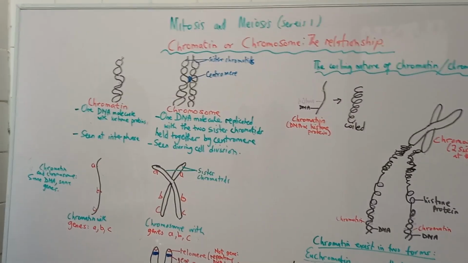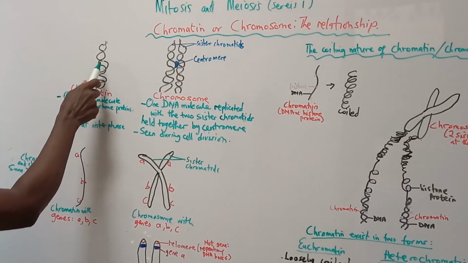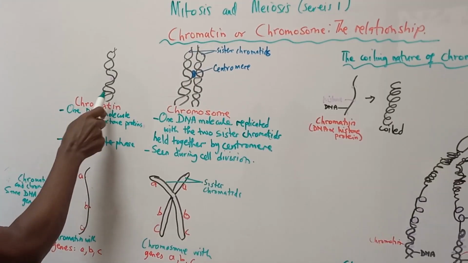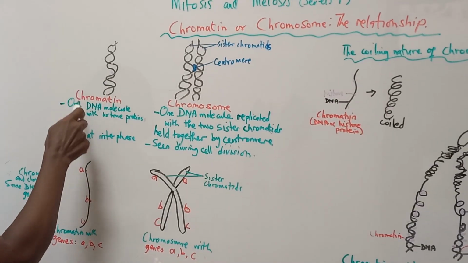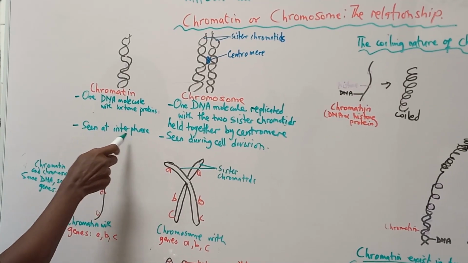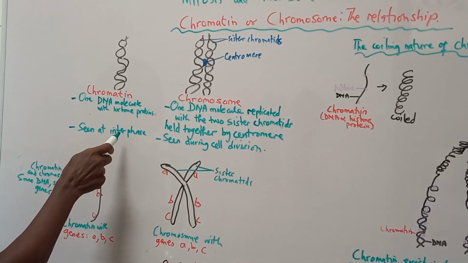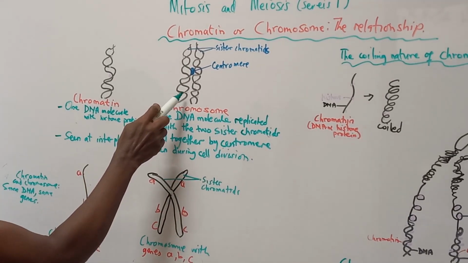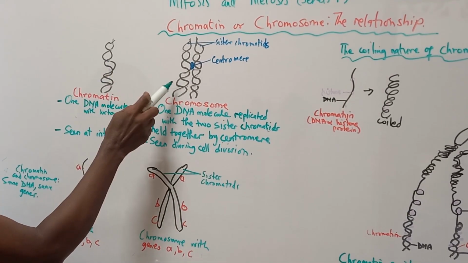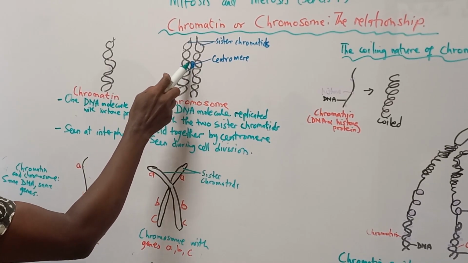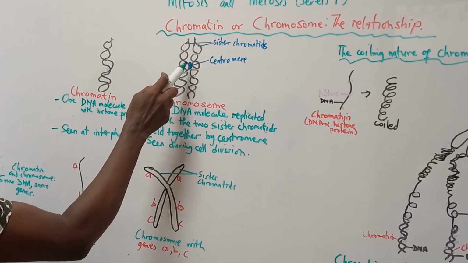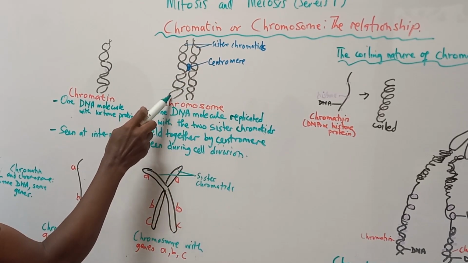Chromatin is one DNA molecule coiled around histone proteins. This chromatin is seen at interphase when the cell is not dividing. Chromosome is the same one DNA that has replicated and is held together by a centromere, and it's seen during cell division.